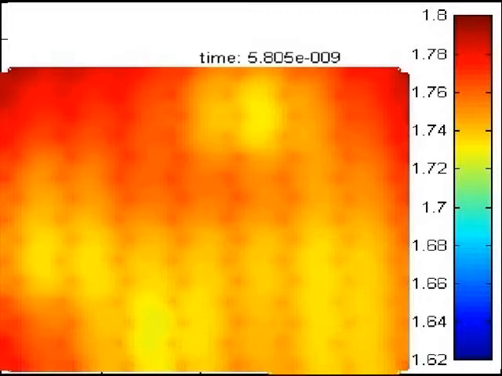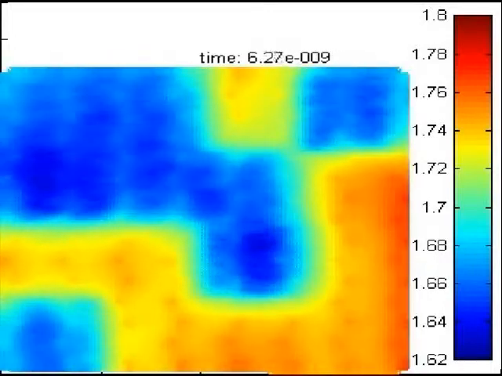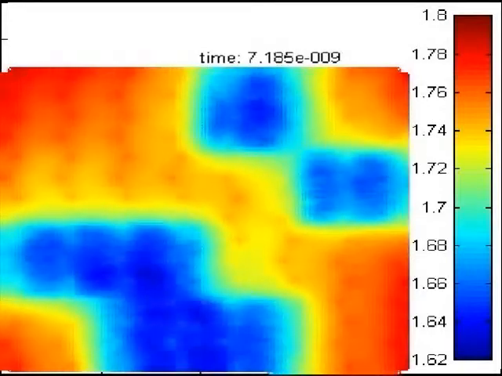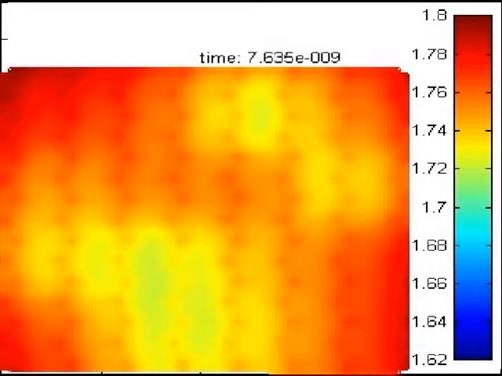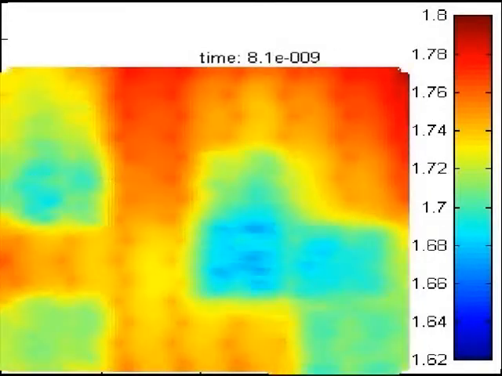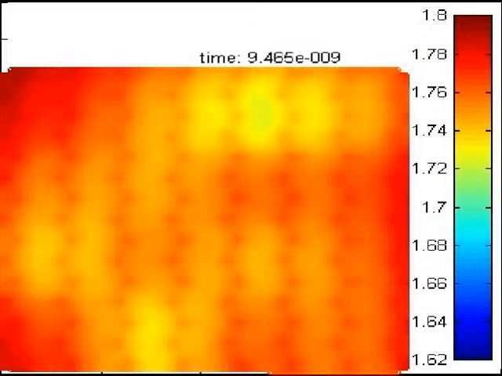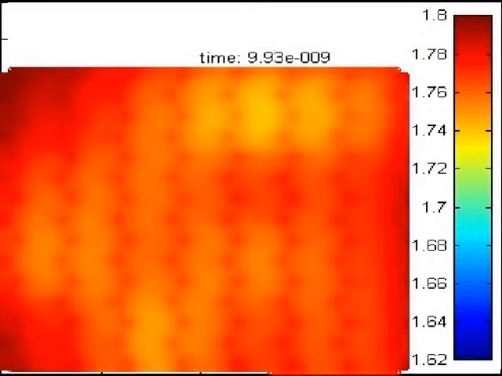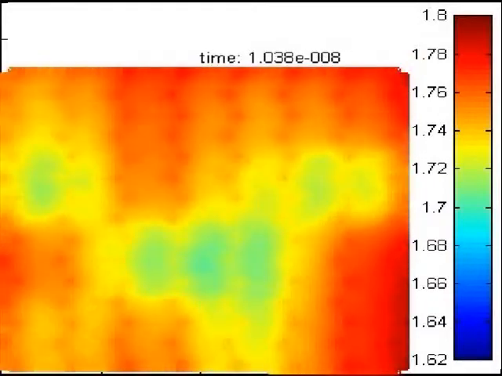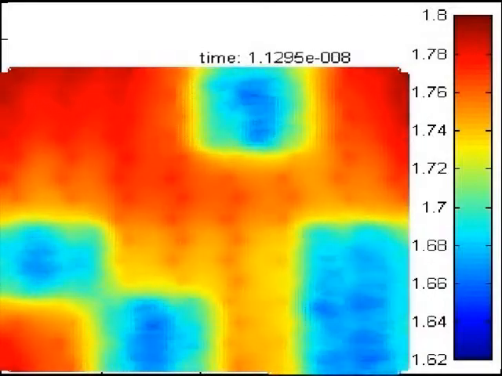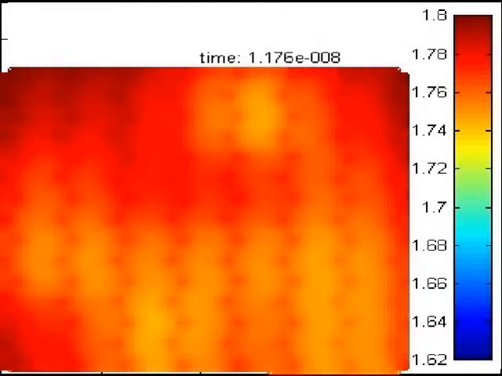Notice that different portions of the power grid switch at different times. The supply voltage in the benchmark is 1.8 volts, and all the node voltages stay within 10% of that value, which is 1.6 volts.